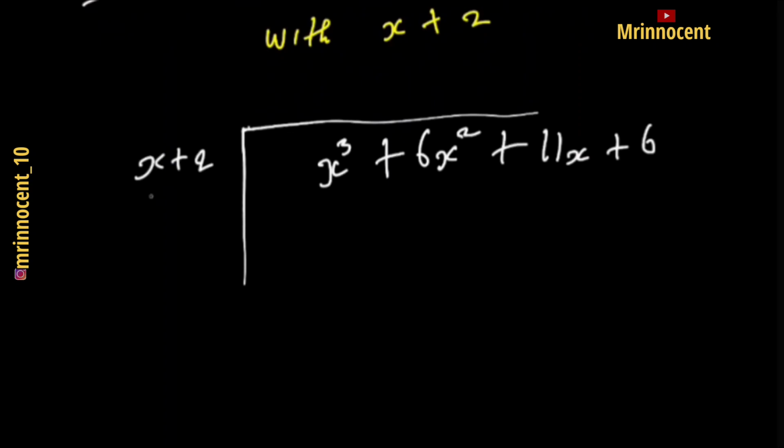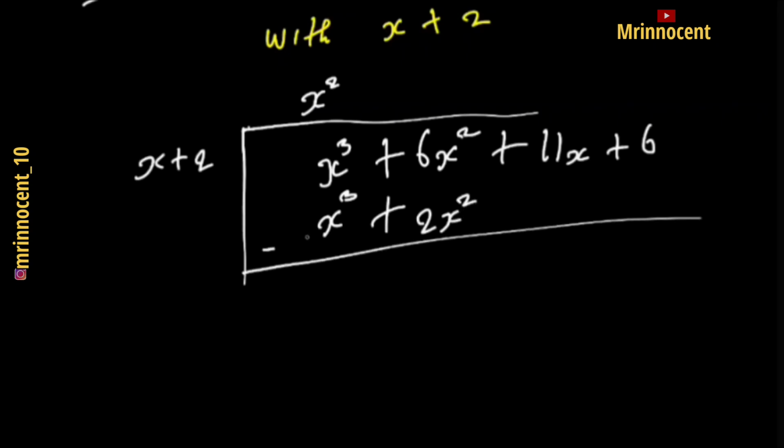So x divided by x raised to the power 3 is x raised to the power 2. So x raised to the power 2 times x is x raised to the power 3.